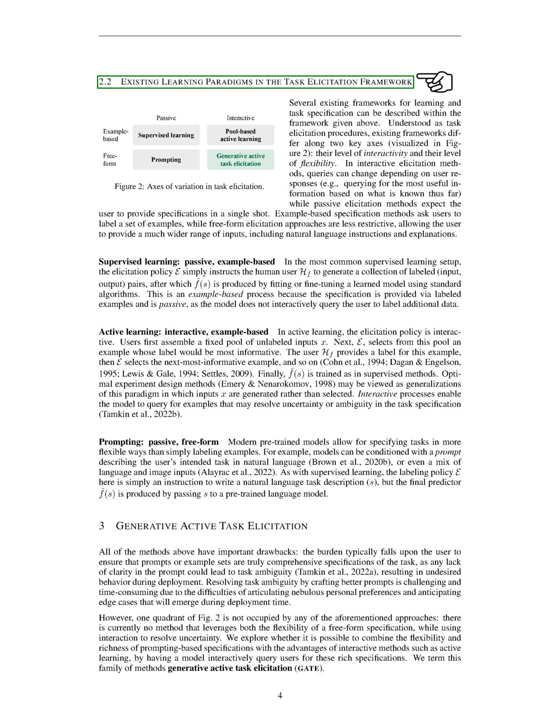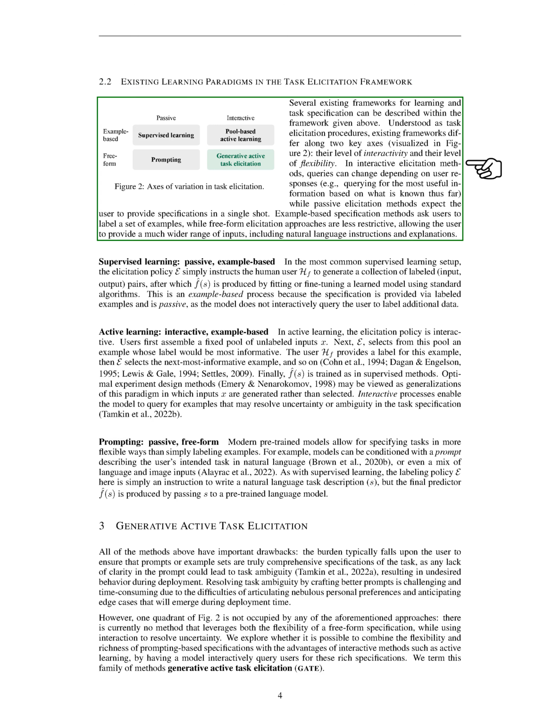Section 2.2 Existing Learning Paradigms in the Task Elicitation Framework. Let's delve into the existing learning paradigms within the Task Elicitation Framework. There are several ways to learn and specify tasks within this framework. These methods can be distinguished by two main factors: the degree of interaction and flexibility they offer.